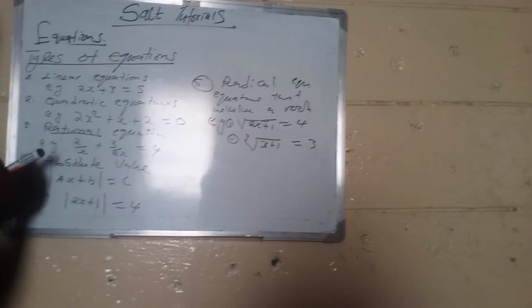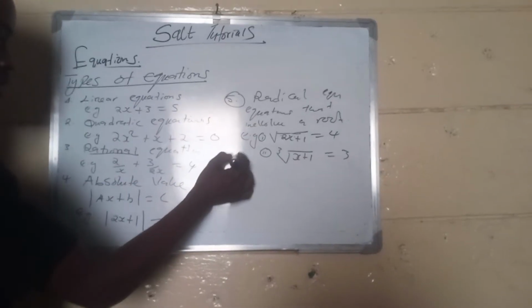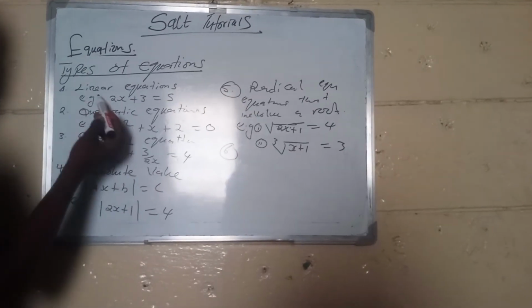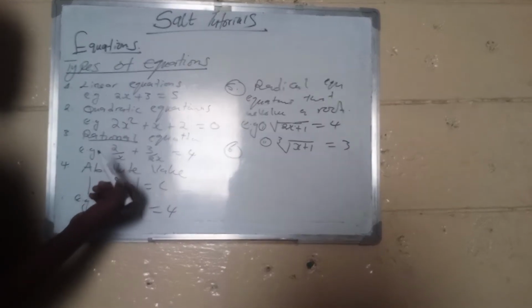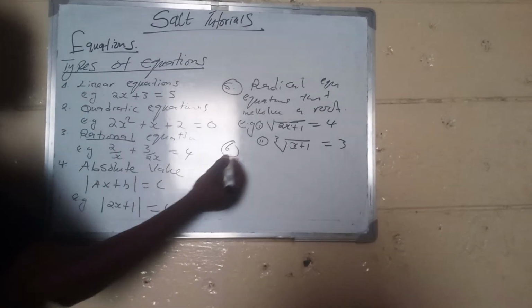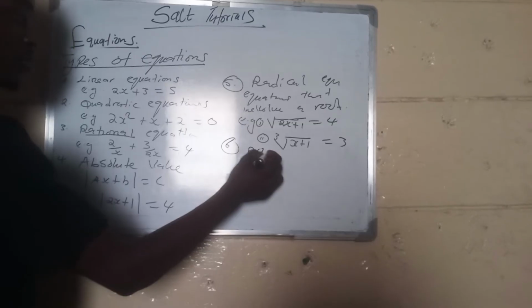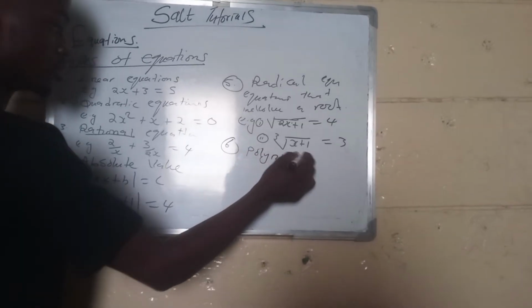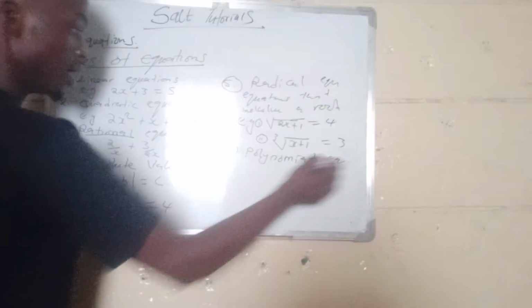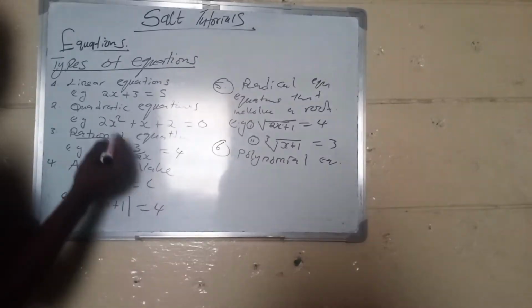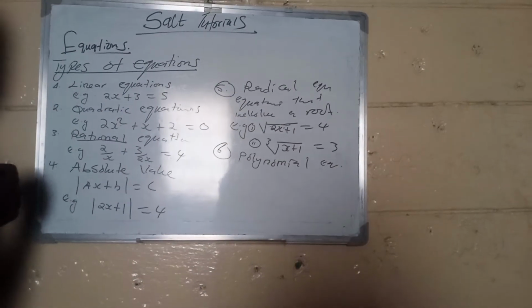Since we understand that equations can be linear, radical, or quadratic, we can also have equations in polynomial form, polynomial equations, where in this case we're talking about equations of higher degree.